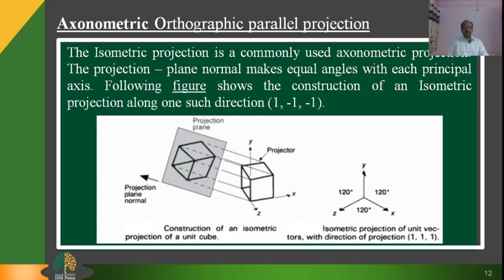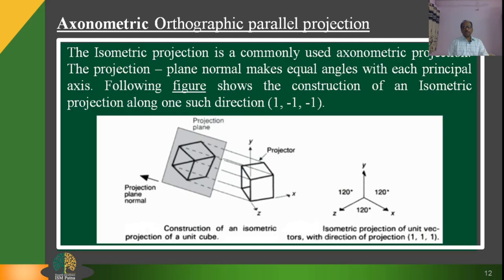If the projection plane normal is (dx, dy, dz), then we require that |dx| = |dy| = |dz|. There are just 8 directions, one in each octant, that satisfy this condition.